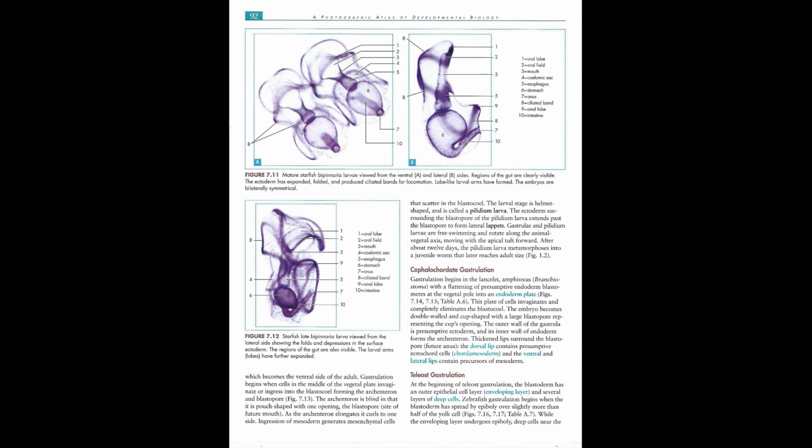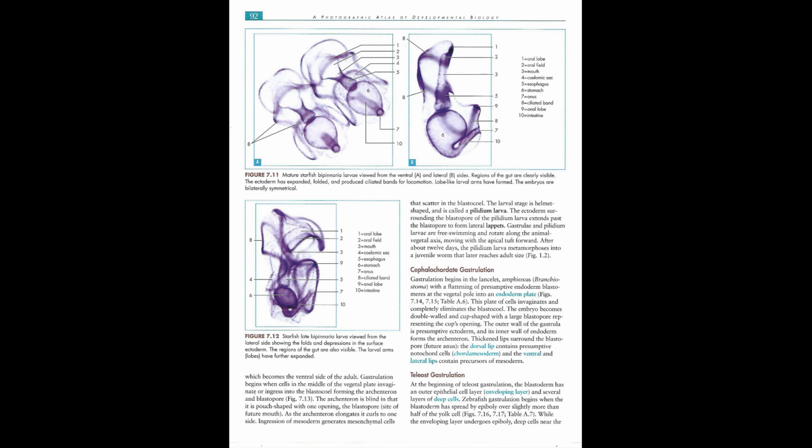Cephalochordate gastrulation. Gastrulation begins in the lancelet, amphioxus, Branchiostoma, with the flattening of presumptive endoderm blastomeres at the vegetal pole into an endoderm plate, Figs. 7.14, 7.15, Table A.6. This plate of cells invaginates and completely eliminates the blastocoele.